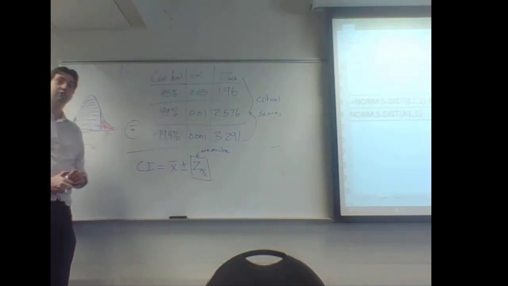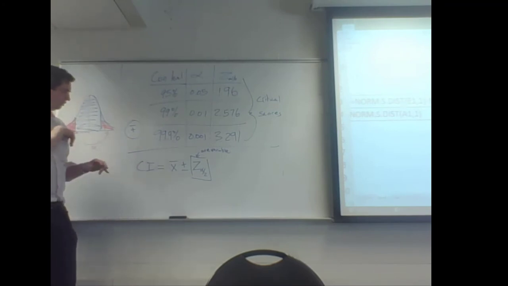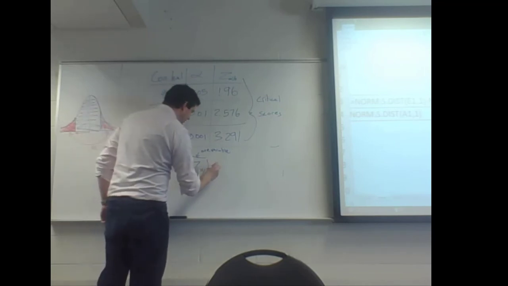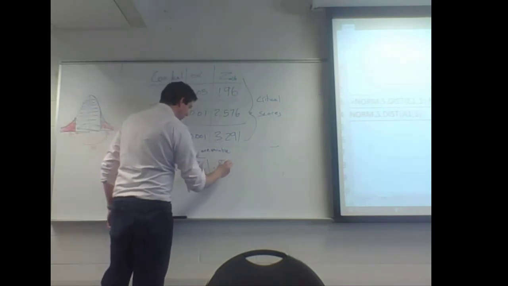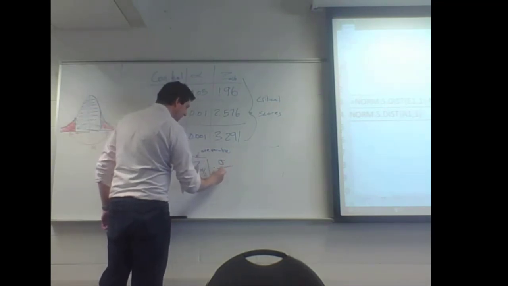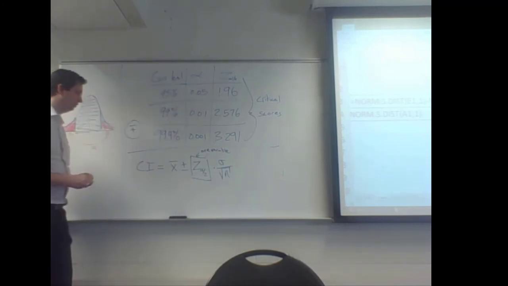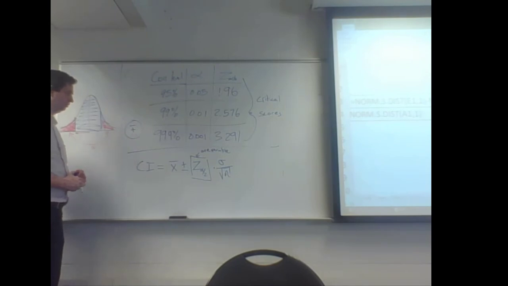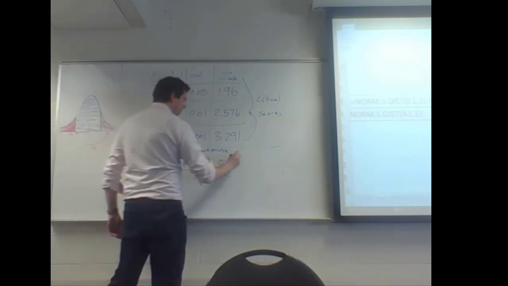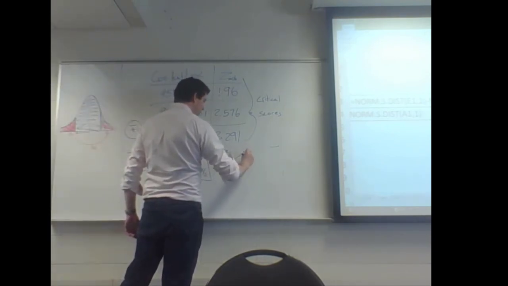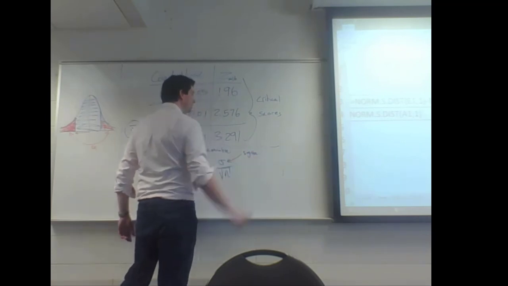But there are two other variables to consider. So we're going to multiply by sigma and then divide by the square root of n. What is sigma?